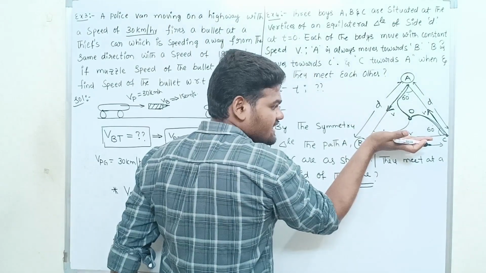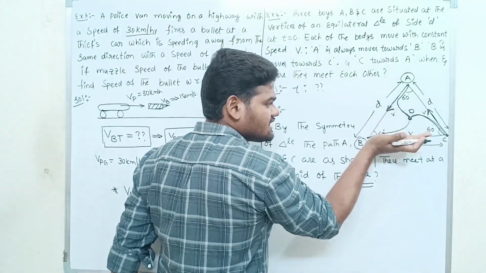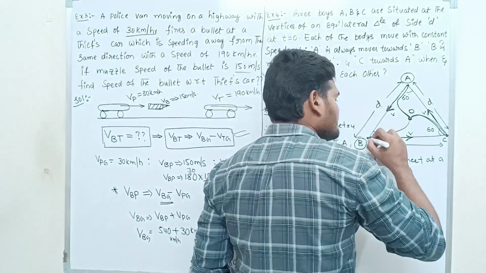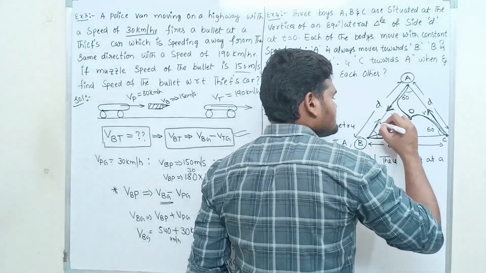Now this velocity vector along the 60 degree side, you will get how much? V cos 60.